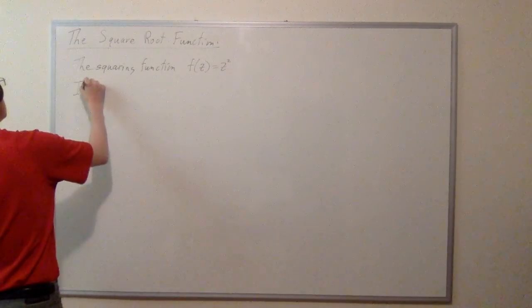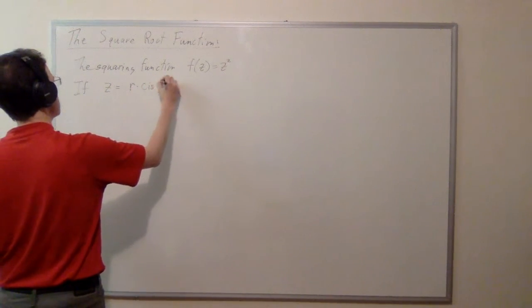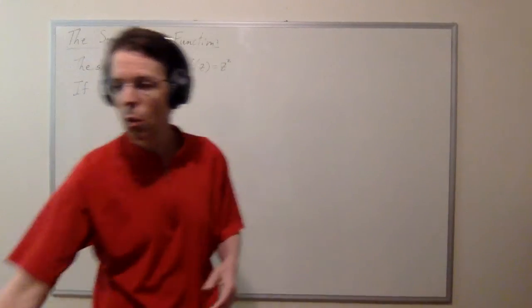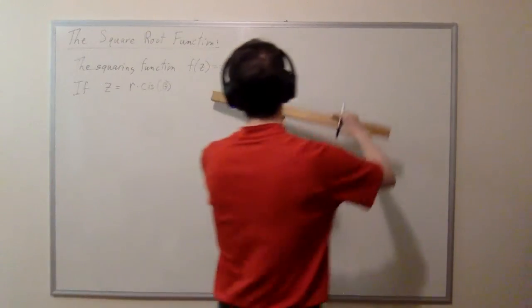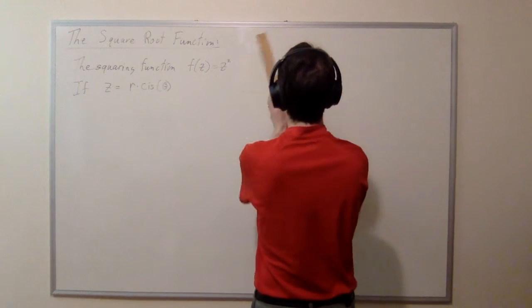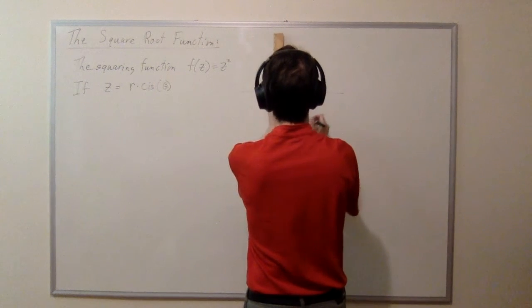So if z is going to be r cis theta, why do I call that polar coordinates? Because this is expressing z in terms of its distance from the origin and its angle theta.